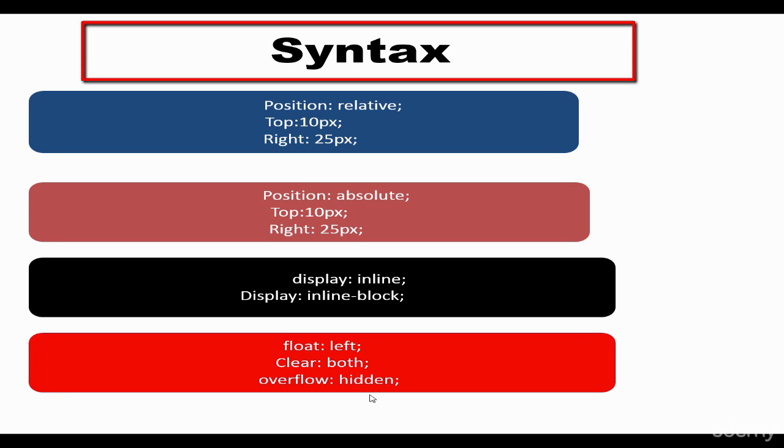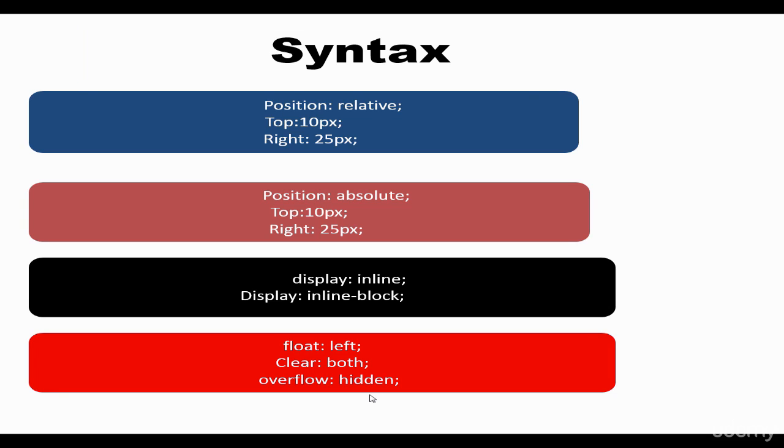Another property that can be used is overflow. Overflow is used to hide elements that have overgrown their container. So if you've got an image that has exceeded the container, you can use the overflow property to clip that image and hide the overflow from view.